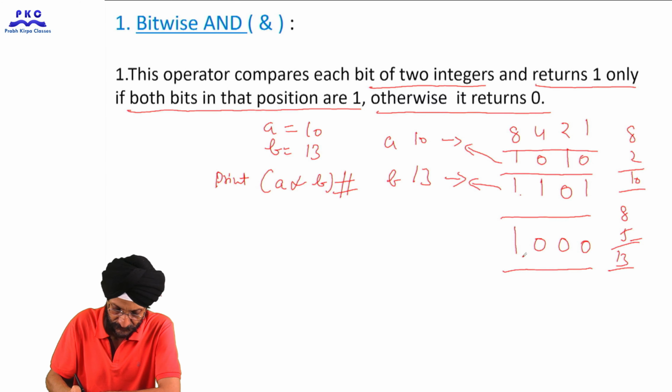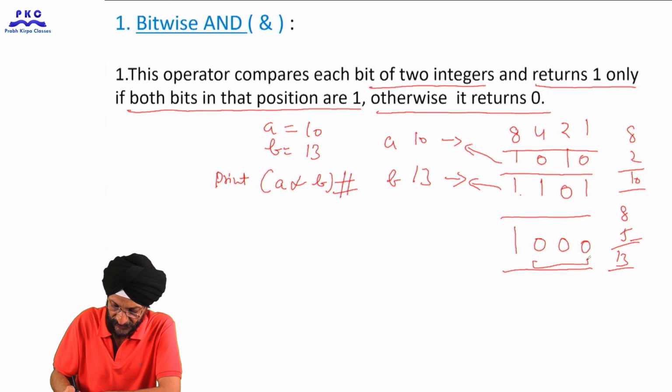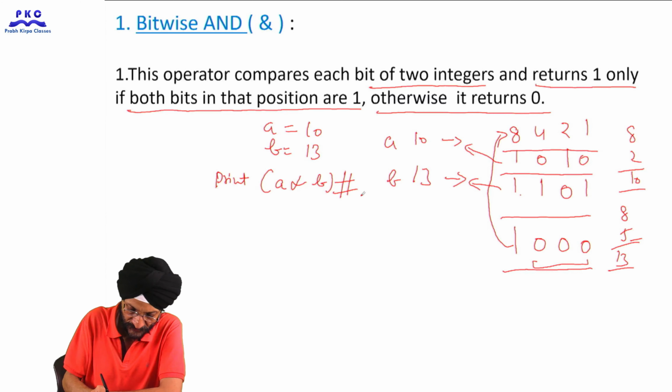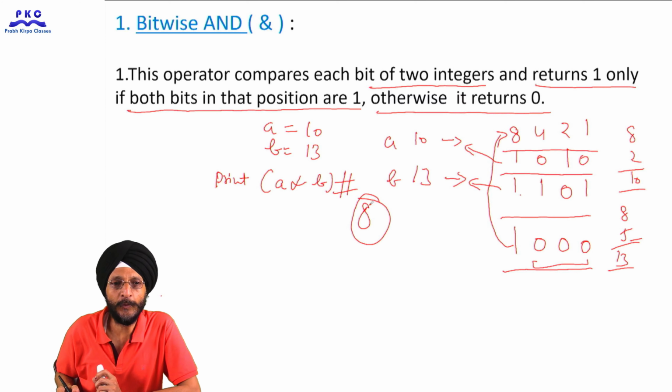The decimal value is 8, because the others are 0 and are not to be taken into consideration. Only the 1 is taken, which is related to this 8. So the final result is 8. Print A and B, the output is 8.